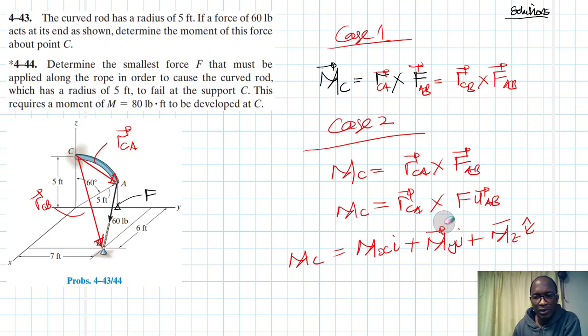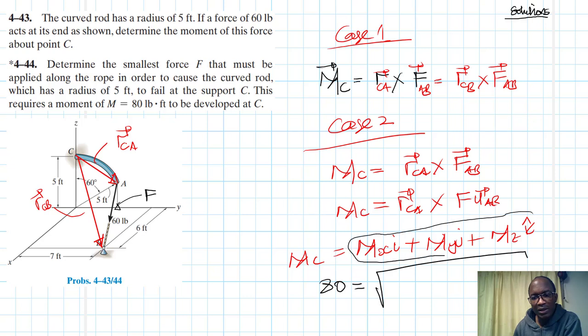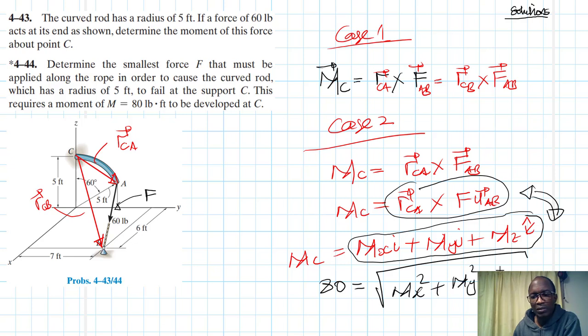Then MC finally will be equal to the square root of Mx squared plus My squared plus Mz squared. Since this will have an F in it, we'll make F the subject of the formula, then we'll find the value. Basically, this is what we intend to do.